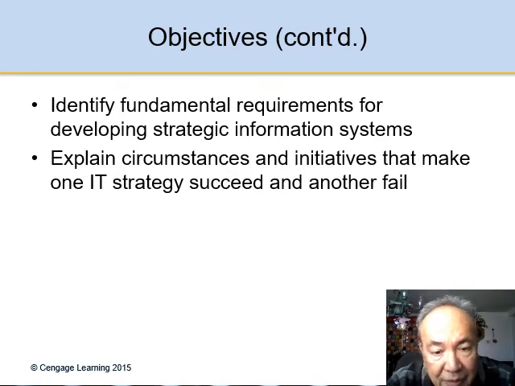What do we need to do to have a strategic information system? Explain the circumstances and initiatives that make one IT strategy succeed and another fail. So there are some IT strategies that succeed and some that fail. So what makes them fail and what makes them succeed?